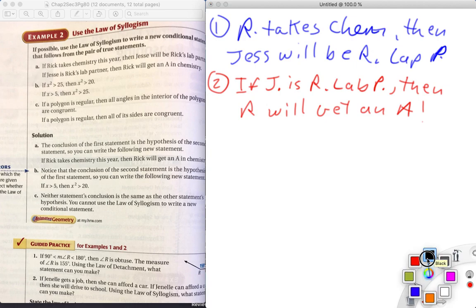So then for the third conditional, notice that the conclusion of the first conditional, Jesse will be Rick's lab partner, is the same as the hypothesis of the second conditional, Jesse is Rick's lab partner, so they can go bye-bye.